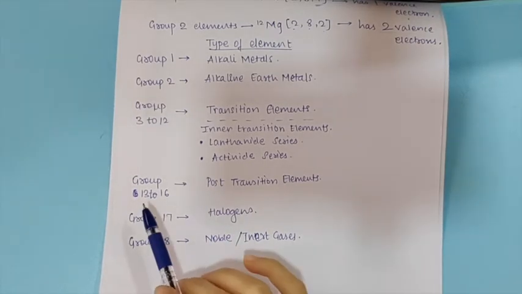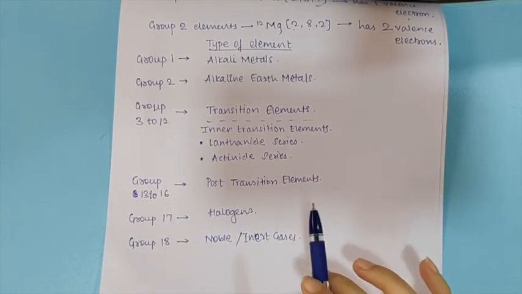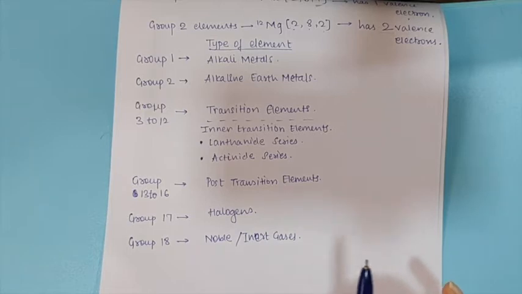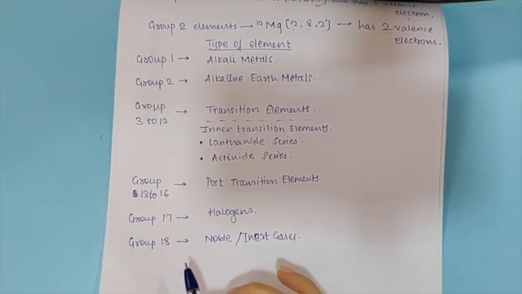Now coming to group 13 to 16, we have post-transition elements. For example, aluminium, germanium, thallium, lead, bismuth, etc. Now we come to group 17. Group 17 are halogens.